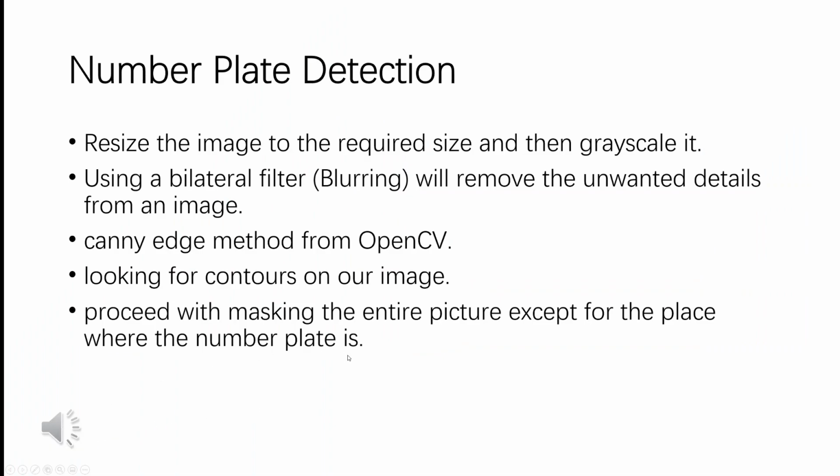Here is a more specific explanation for the first step, the number plate detection. Resizing can help us to avoid any problems with bigger resolution images. Make sure the number plate still remains in the frame after resizing.